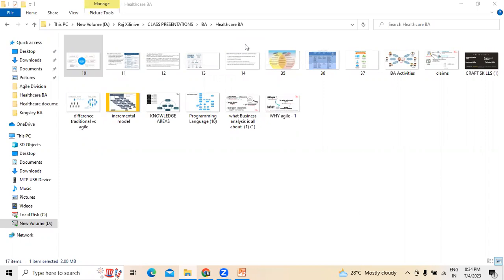The second is private insurance players. These private insurance plans we usually classify into two different areas: one is HMO and the second is PPO.